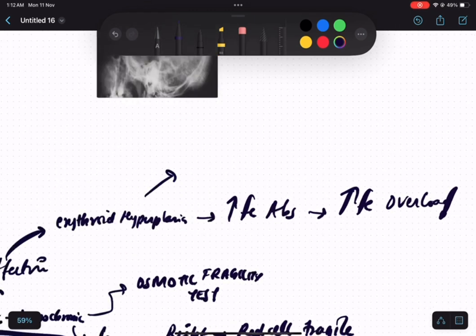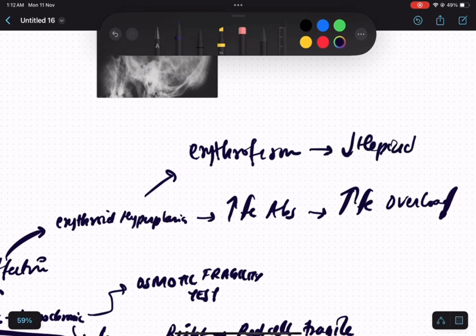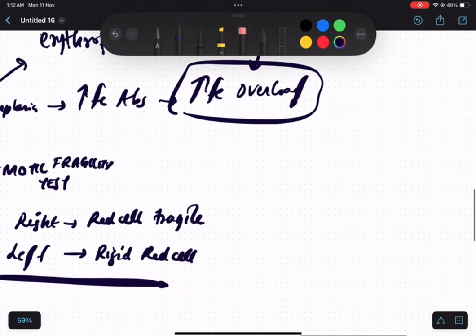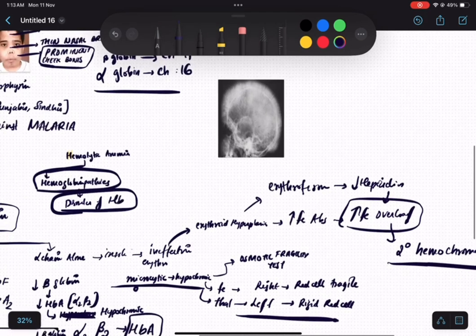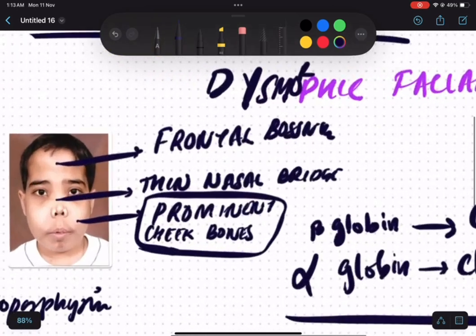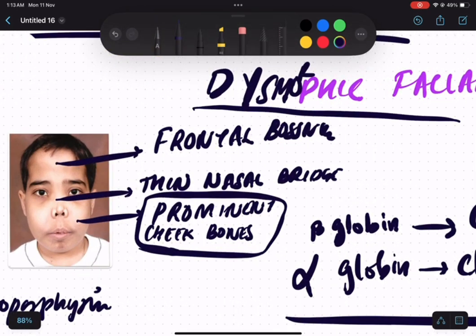There is increased production of erythroferrone, which leads to decreased hepcidin, which causes this increased iron overload and causes secondary hemochromatosis.